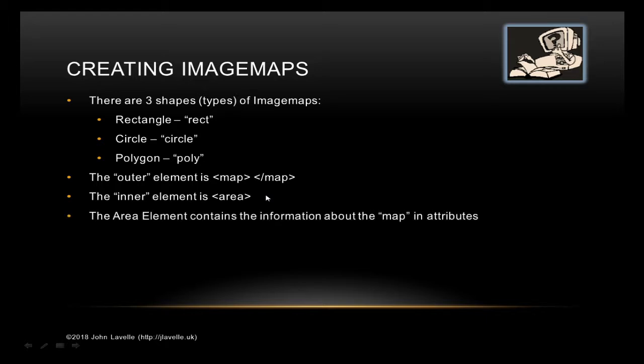Inside of area you have the attributes about the map, so the coordinates, the shape, this type of thing will all be inside the area element. Now the image map itself is controlled by an image element which is outside of the map element, and it will call it.